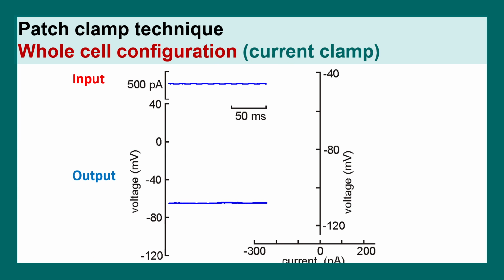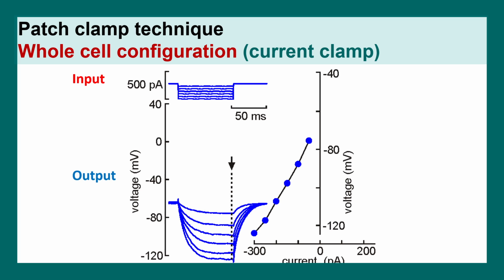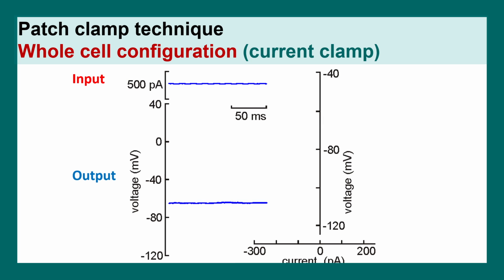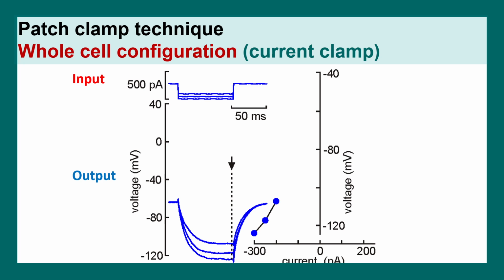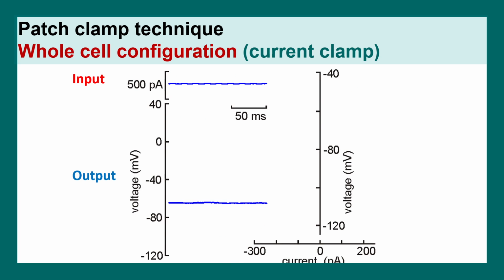So now you can see how the clamp settings are working. In voltage clamp, you hold at different voltages and you are measuring currents. And in current clamp, you are holding at different currents and measuring voltage. So in the lower curve, you can see the output is the voltage output, and you see the action potential beyond a particular level, right?